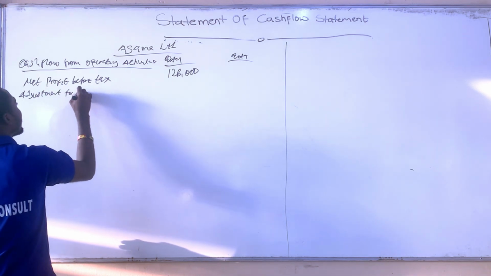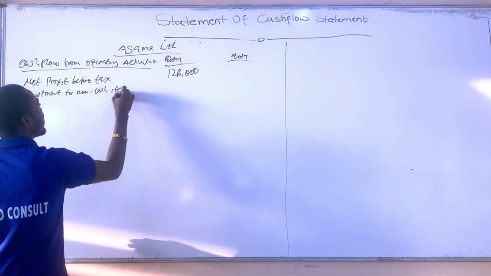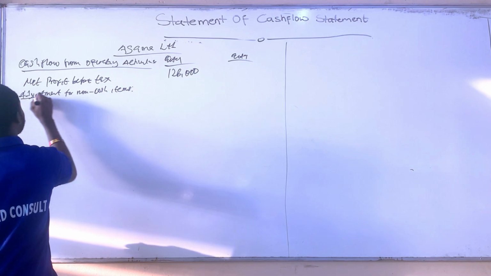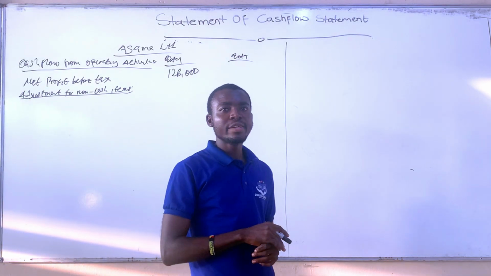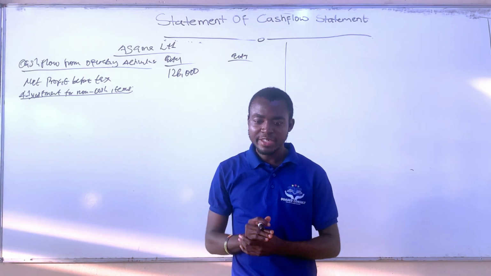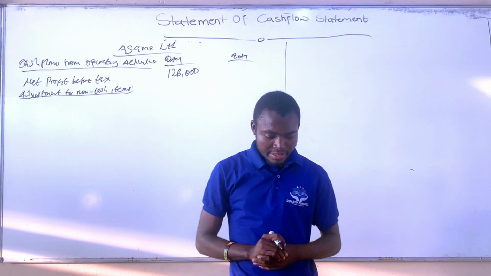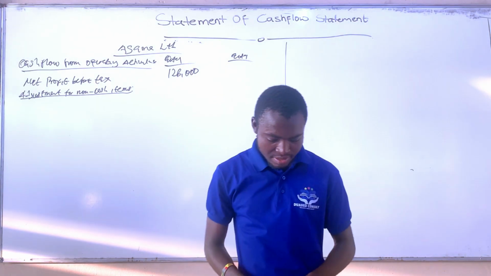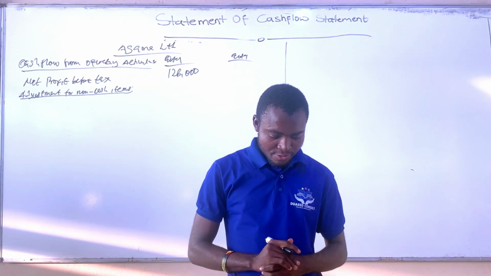Adjustments for non-cash items. Then from the question, the only non-cash item given is depreciation. Given is a depreciation. And then that's how we calculate for depreciation.